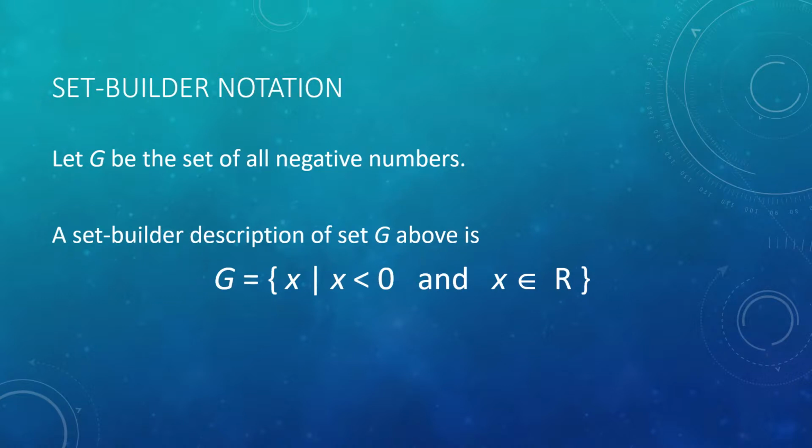So you can tell if we had to write this out using our normal set notation, imagine if we had to go through every single negative number, like negative 0.01, negative 0.001. You know, we'd be here all day. So instead of writing out every individual number, we use set builder notation to give a description of the set. It says a set builder description of the set G above is given here. This is set builder notation.